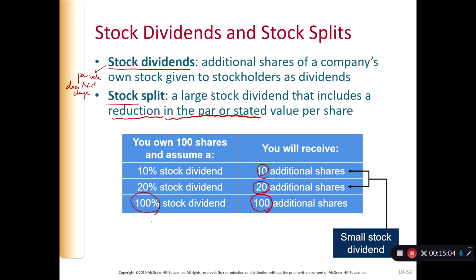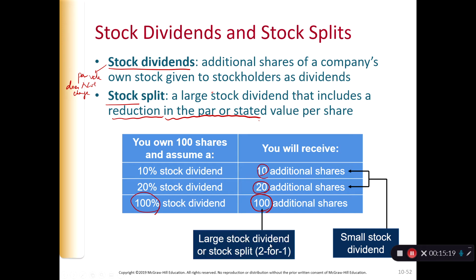Whether a company is represented by 1 million shares outstanding at $40 each or 2 million shares worth $20 each, it is still a $40 million company. So when there's a large stock dividend, we can also call it a stock split.